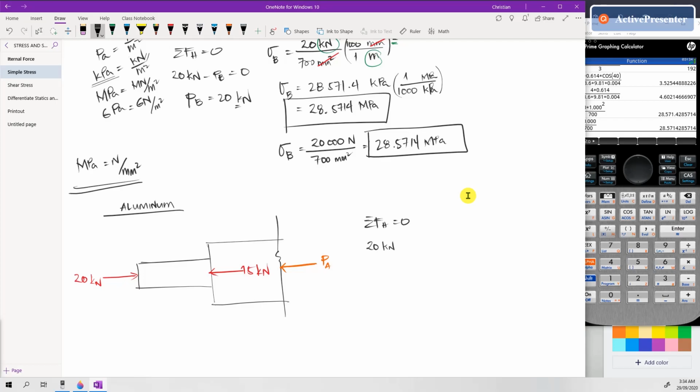Then minus 15 kilonewton. Then minus, in-assume natin na towards left yung force PA, so minus P sub A. Then that should be equal to 0. So, i-rearrange lang naman natin, then makukuha natin na P sub A is equal to 5 kilonewton.